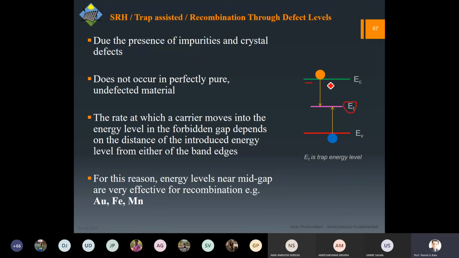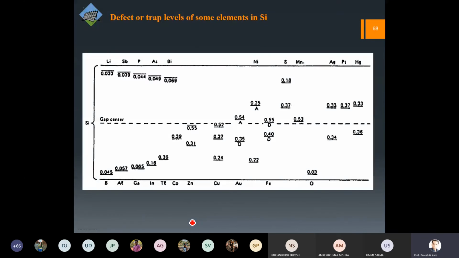Good impurities are the ones we use for doping, but then there are bad impurities. In doping, we have seen that the levels are near the conduction or valence band, whereas mid-level or mid-gap trap levels are bad for us, and mostly these are metals. I can give you examples.